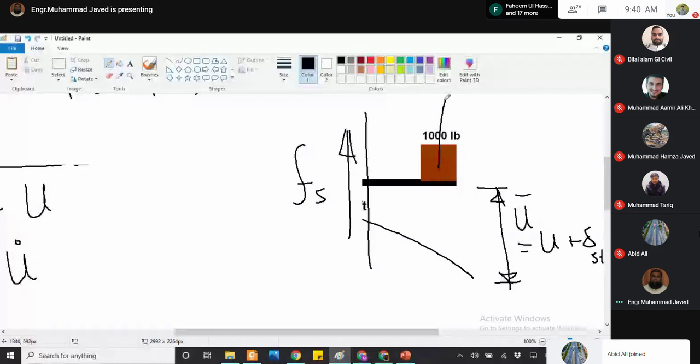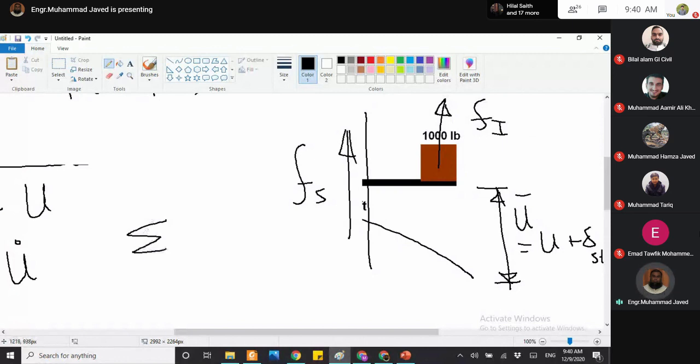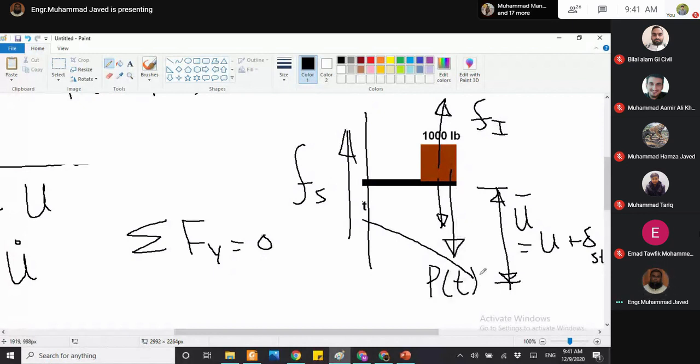Fi, and if we apply the equilibrium equation along the y-axis, along the y-axis we have three forces: weight, which is acting in the downward direction, and elastic restoring force and inertial force in the upward direction, and all of these are produced due to dynamic force P of T. So we will have Fs plus Fi minus W minus P of T is equal to 0.